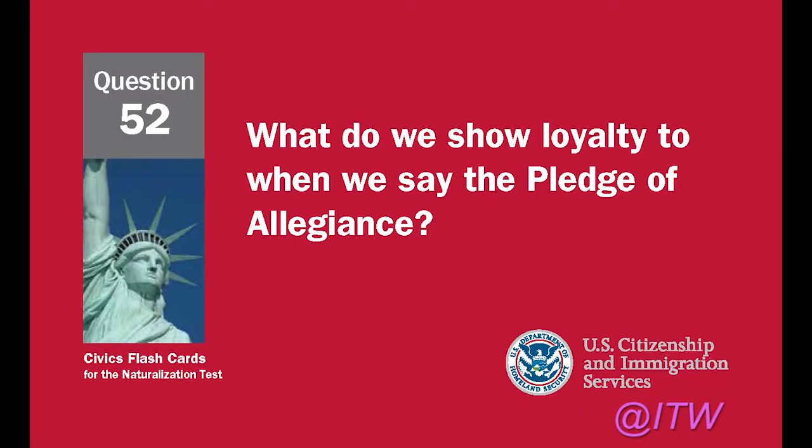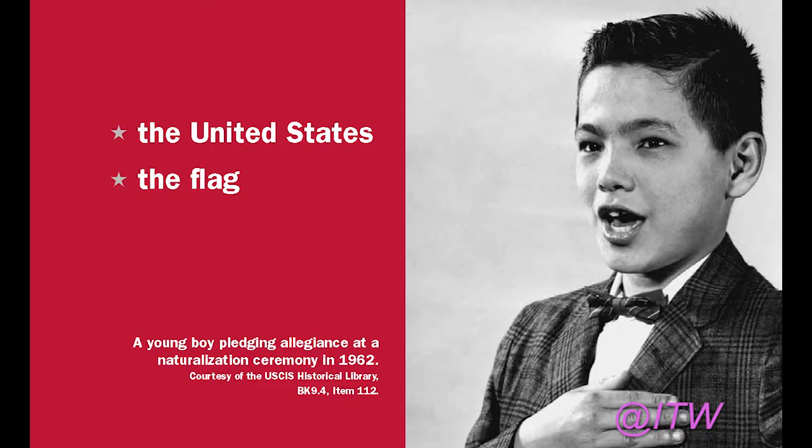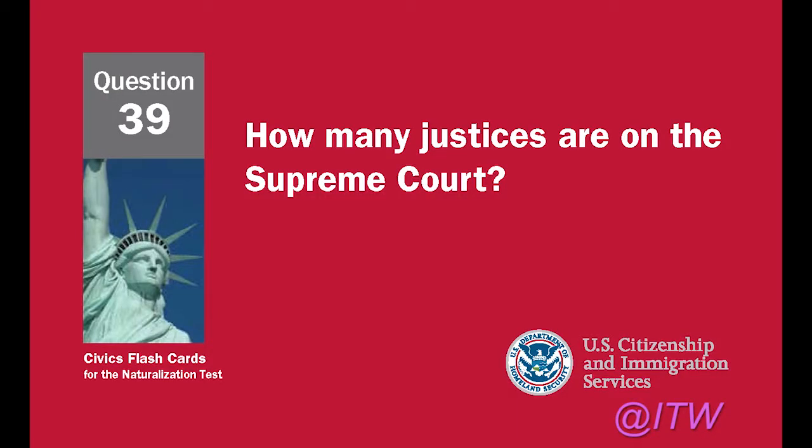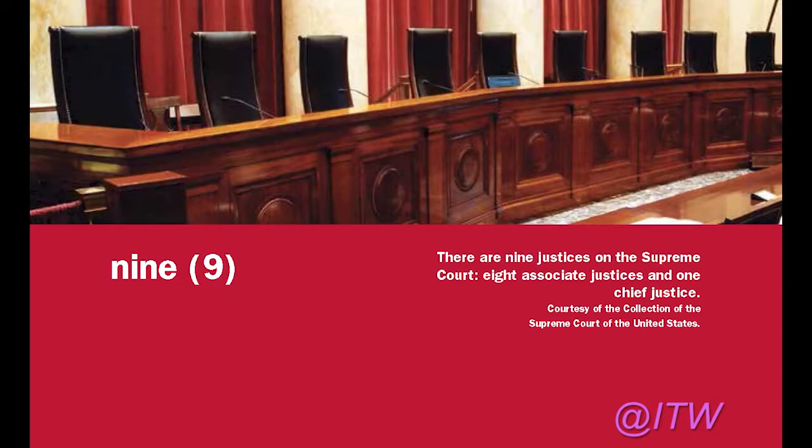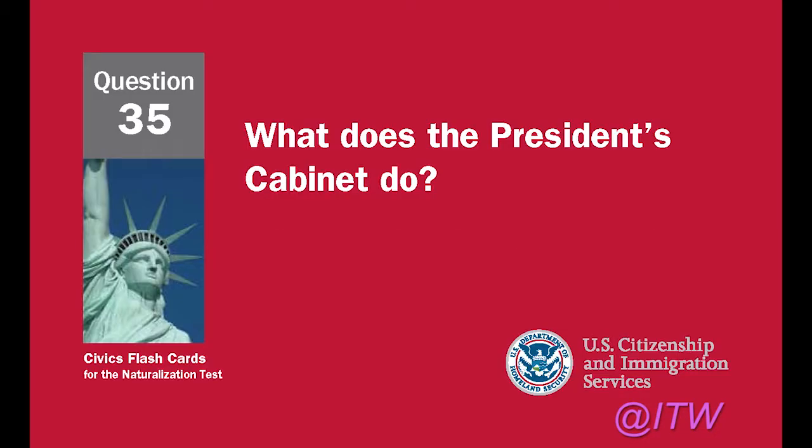What do we show loyalty to when we say the Pledge of Allegiance? The United States. The flag. How many justices are on the Supreme Court? 9. What does the President's cabinet do?